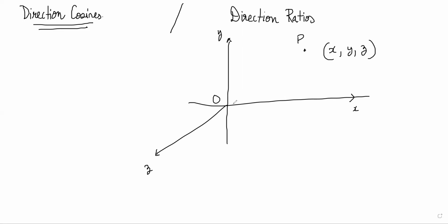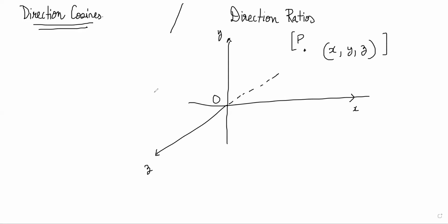Explain properly. What do you mean? I'll take dot product in each axis. Dot product of what? What is the direction cosine of P and how do you find it?